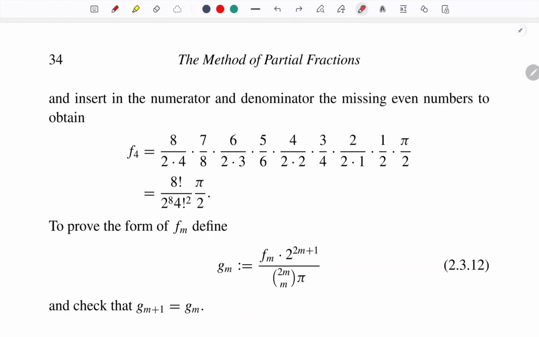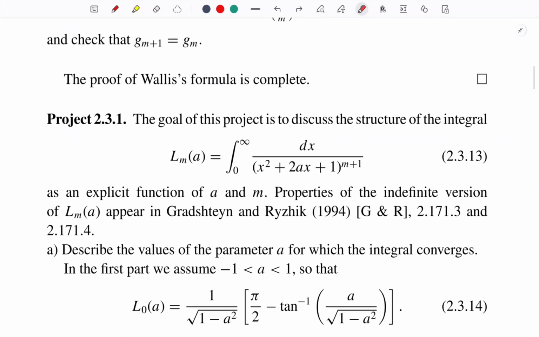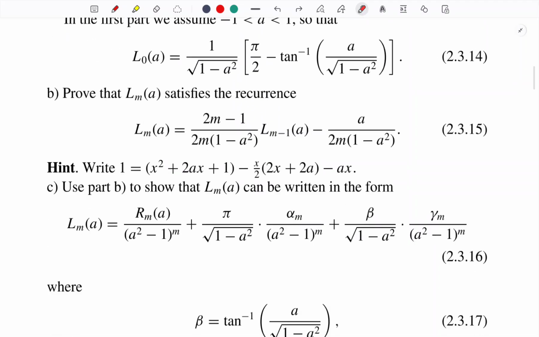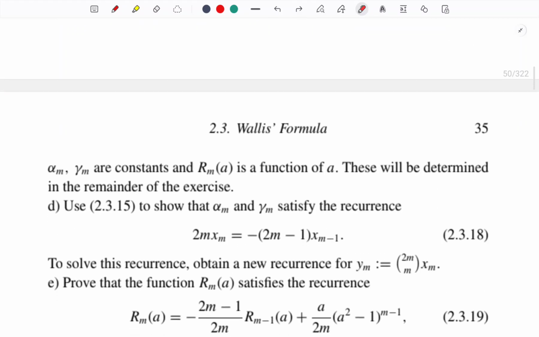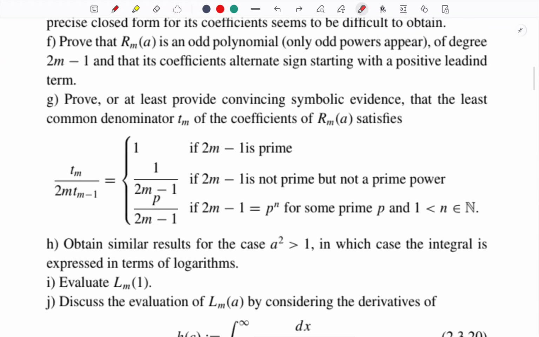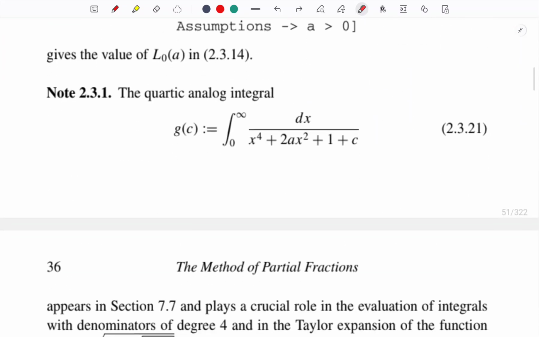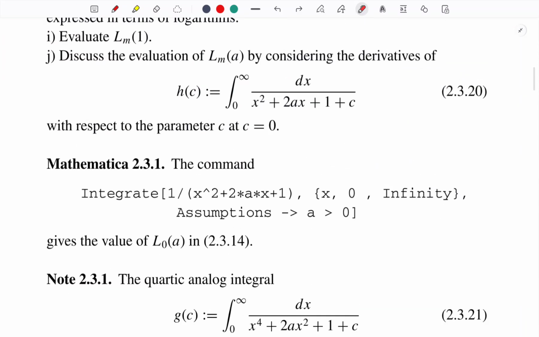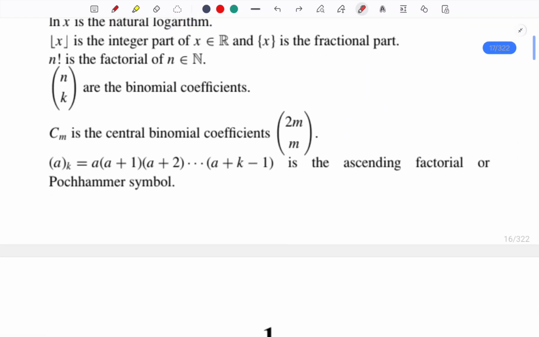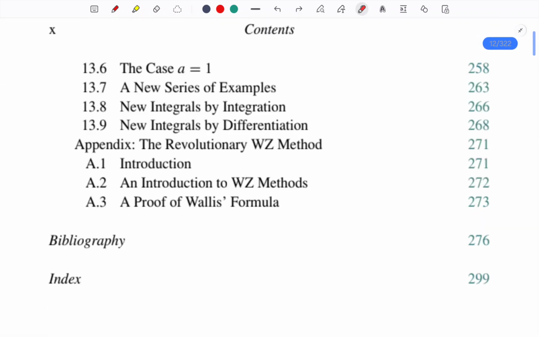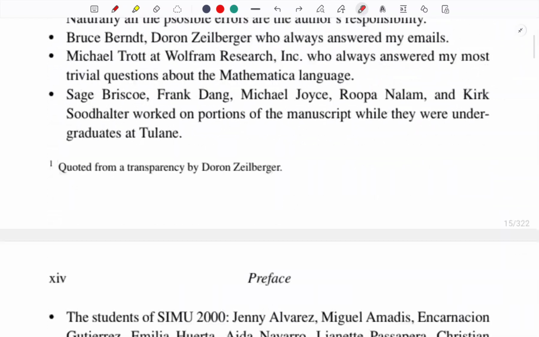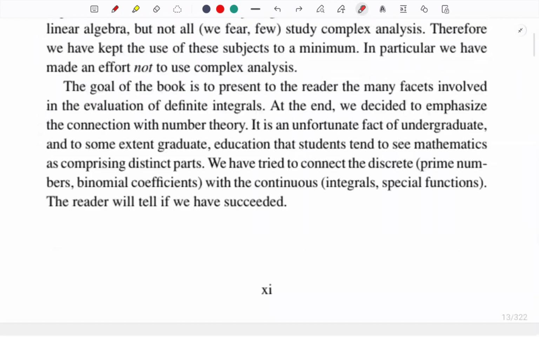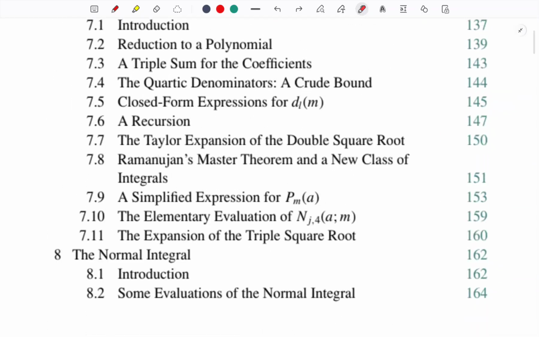I'm not getting it properly. Okay, let's just go back to contents. I'm not getting a lot of things, but yeah, still I'm just trying to explain you some sort of things.